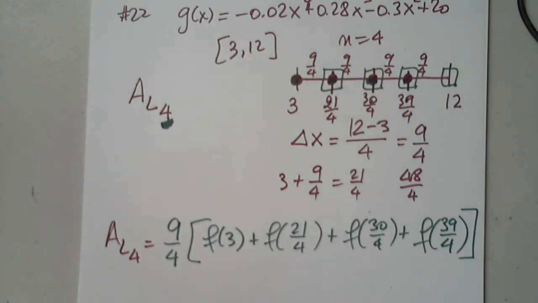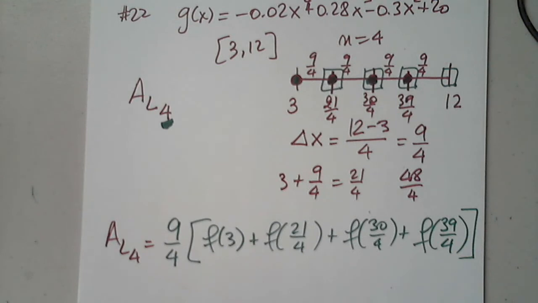I shouldn't say ugly, but it takes time to punch it in. Okay, plus 0.28 x to the third, and minus 0.3 x squared, and plus 20.